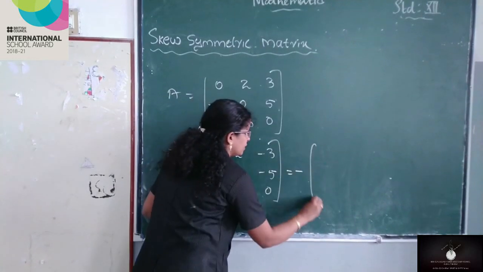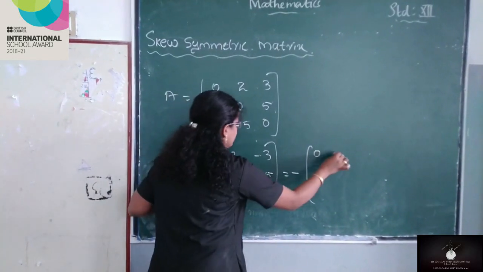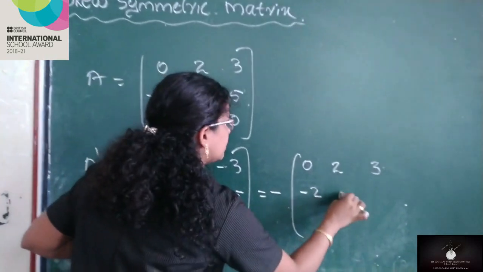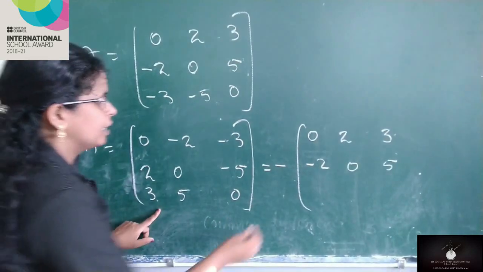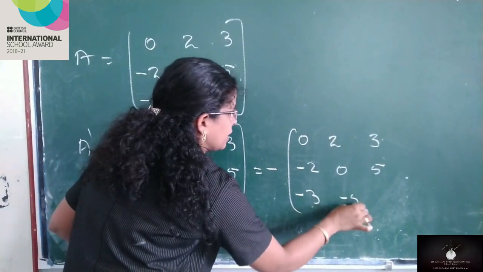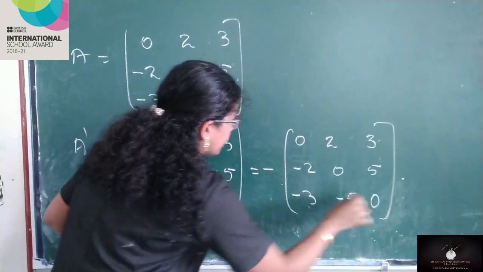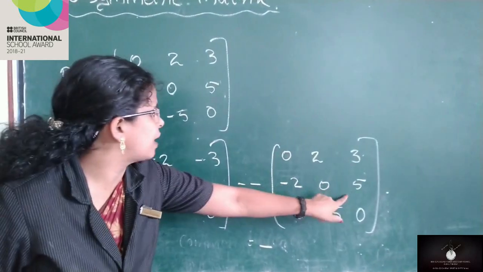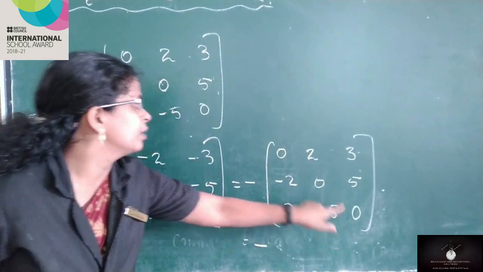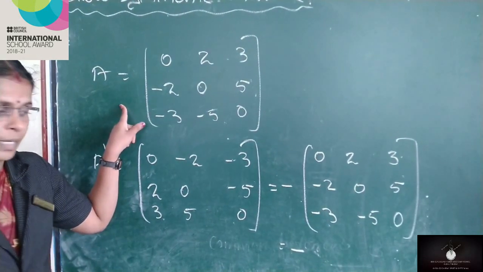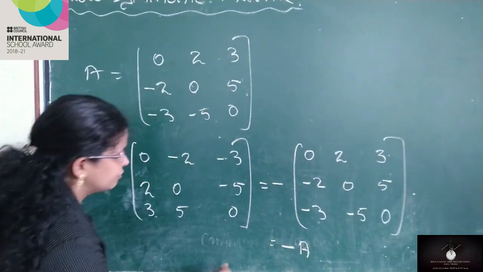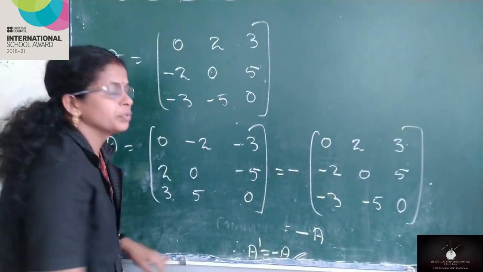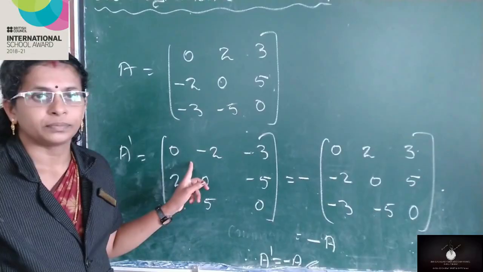So minus of matrix 0, 2, 3, here minus 2, 0, 5, here minus 3, minus 5, 0. Okay, that means minus of matrix 0, 2, 3, minus 2, 0, 5, minus 3, minus 5, 0, which is our matrix A. That is minus A. Therefore, A transpose equal to minus A. So it is a skew symmetric matrix.